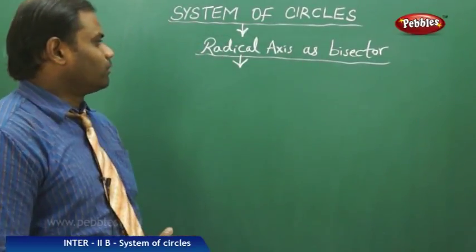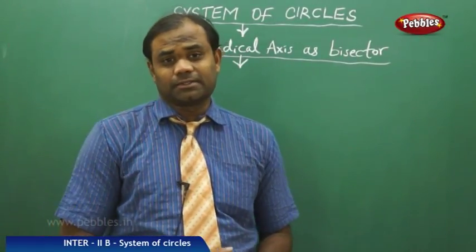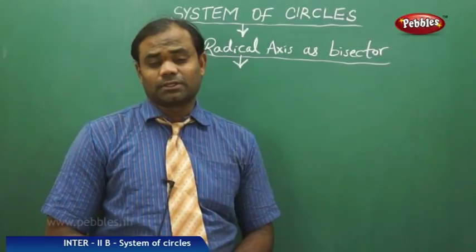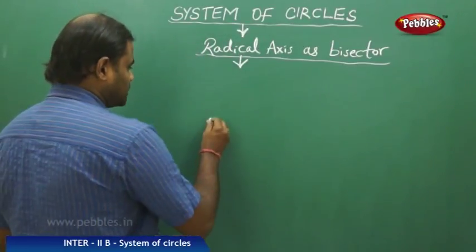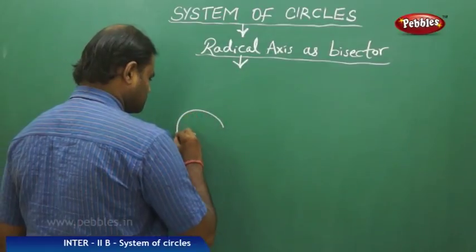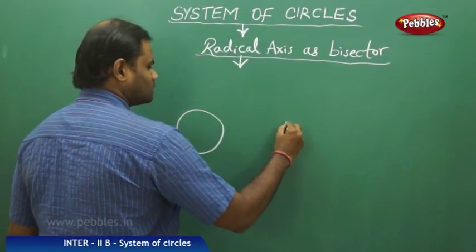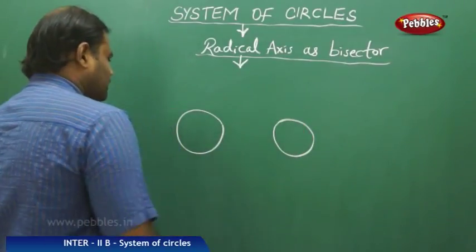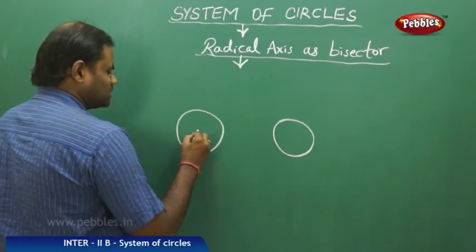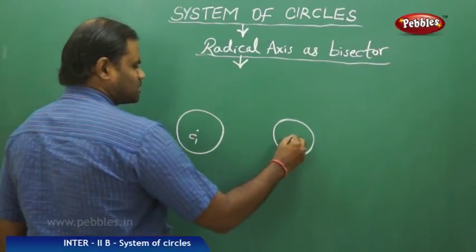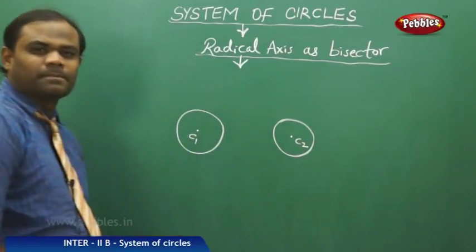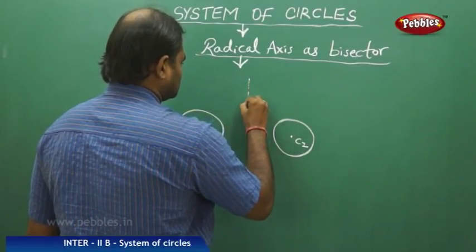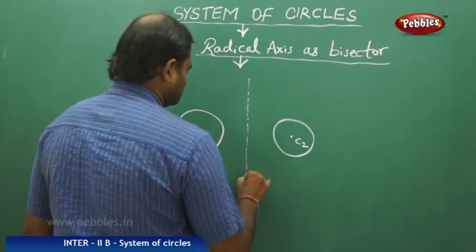Now let's see how the radical axis acts as a bisector, that is, as the midpoint. So the radical axis sometimes acts as the bisector in the case where, say for example, I take two circles, and then I have this with center C1 and this with center C2, then clearly I have the radical axis exactly in the middle.